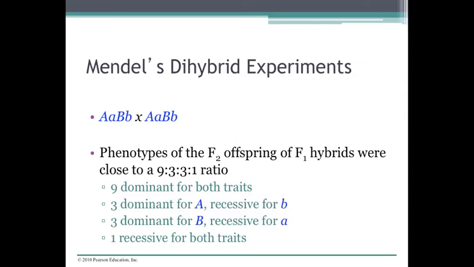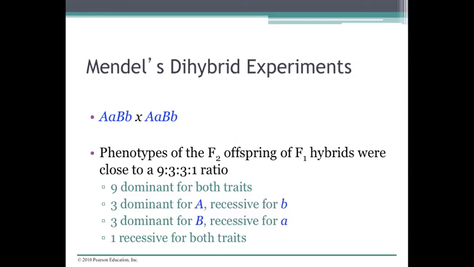We're looking at a heterozygous cross of the F1 generation because Mendel studied 2 traits in this case instead of just 1. So that means there has to be 2 different genes governing the trait, the A and the B. And each of them can have a dominant and a recessive characteristic.